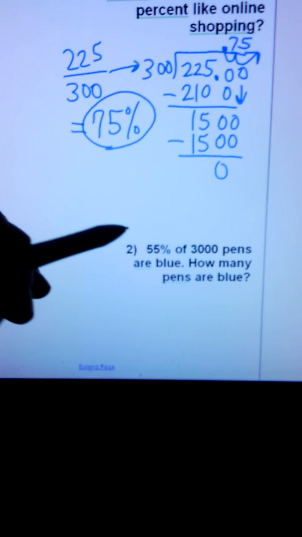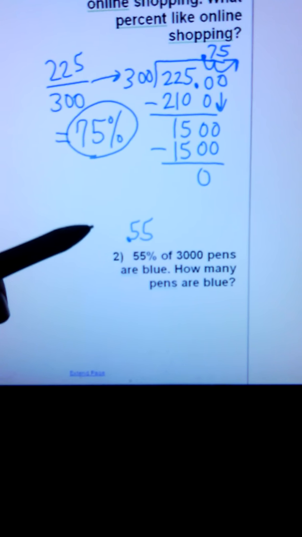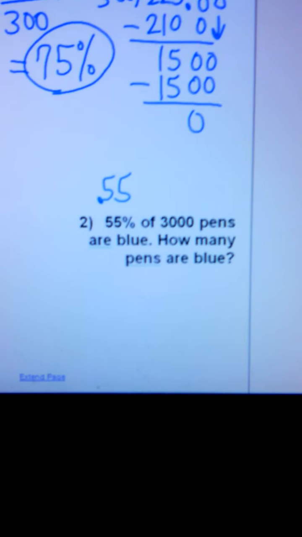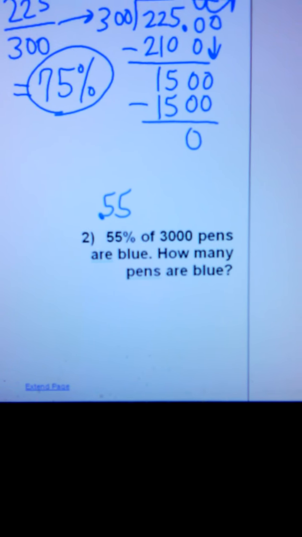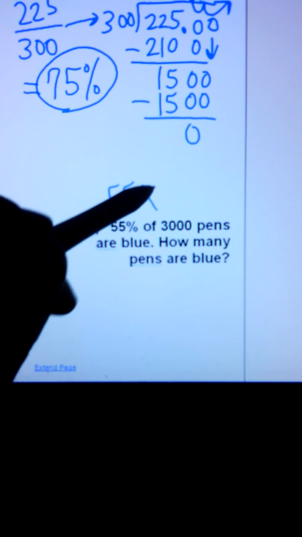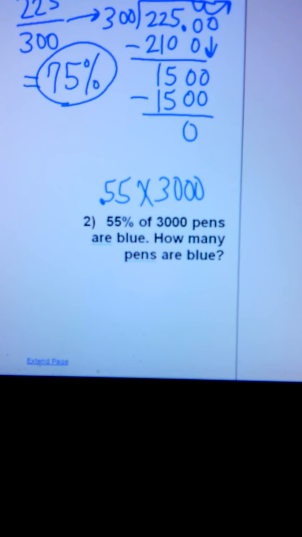So 55% will convert to 0.55. Your of is one of your major keywords. Replace of with the multiplication symbol. And then bring over the 3,000.